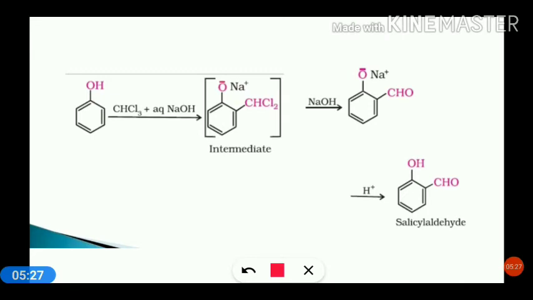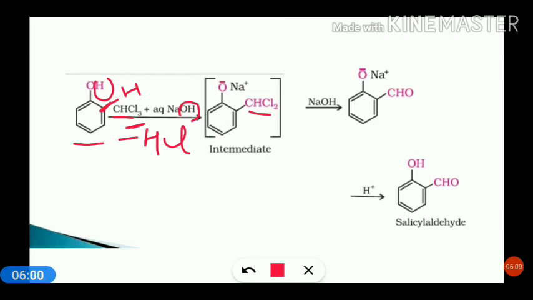In this reaction, phenol reacts with CHCl3 in basic medium, NaOH. First of all, water will be removed and sodium phenoxide will be obtained. When we talk about CHCl3, one hydrogen from the ring and one chlorine from CHCl3 will be removed as HCl, and the remaining CHCl2 will be attached here.